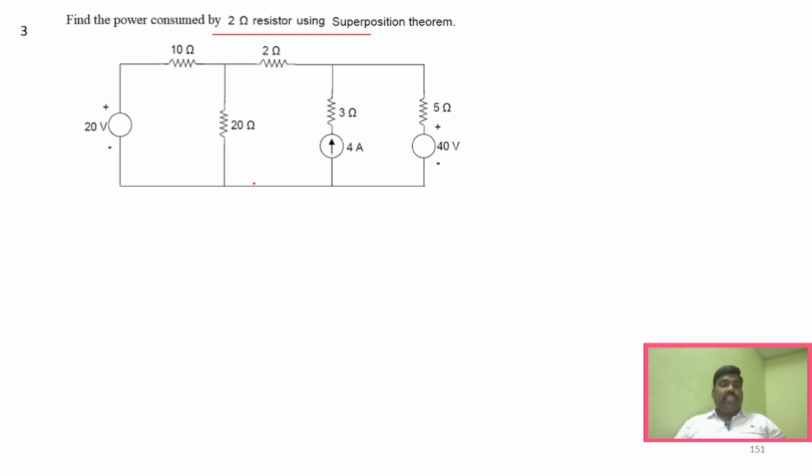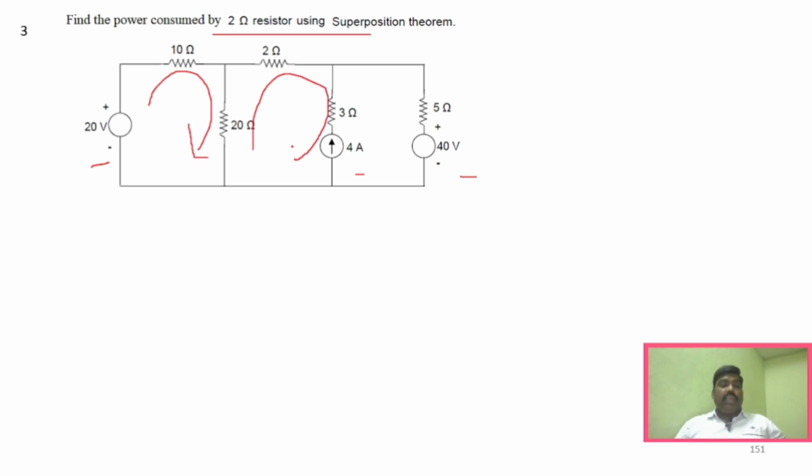You can see here that you have three sources: two voltage sources and one current source. For that, you have to understand first which currents you are going to add and which you are going to subtract. If you are very clear about this while solving the problem itself, you will not have any confusion at the end. If you see this particular voltage source, the current flows in this direction, from minus to plus.